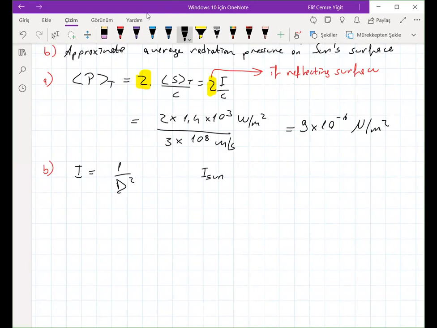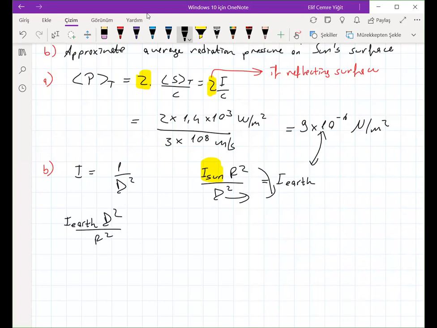I sun r square over d square would be I earth, right? Because the intensity will decrease with d square, but I don't have I sun. The question asks for this, but I have this I earth, then I will use I earth. I will do this, d square over r square will be equal to I sun, right? Now I will substitute the numbers.